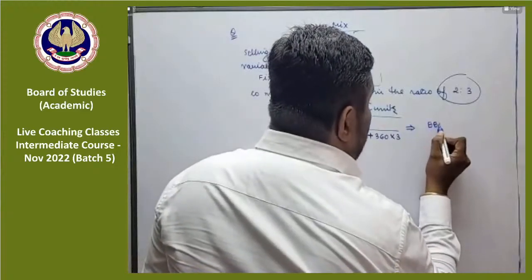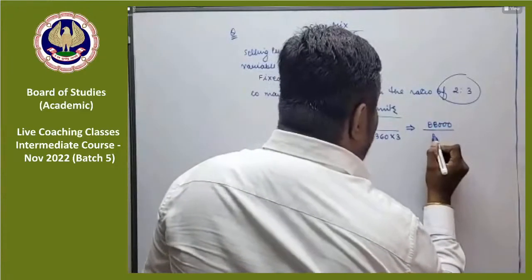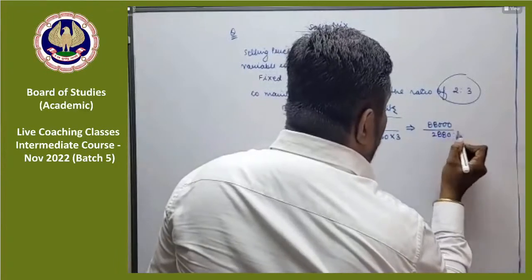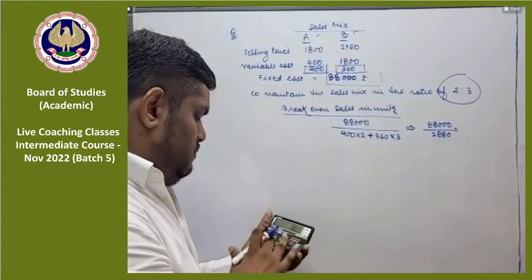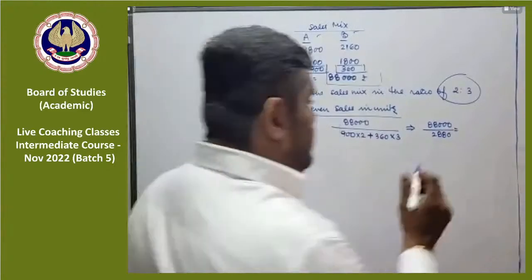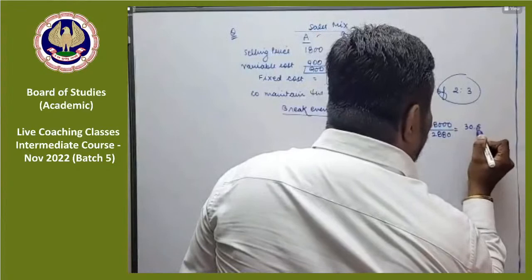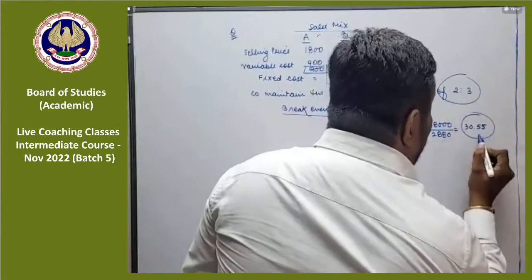So 88,000 divided by 2880, this is 30.55 for 5 sets.